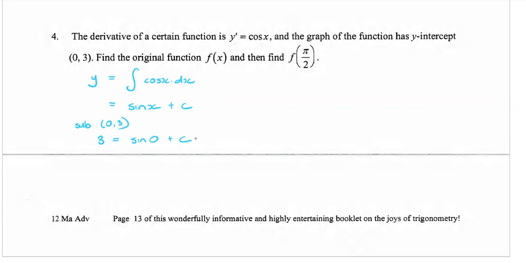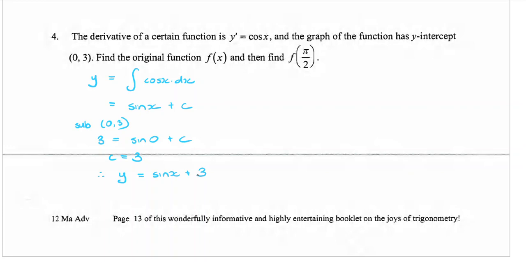What's sine of 0? 0, because the sine graph starts at the origin, right? So this is 0. So c is equal to 3. My equation, therefore, is y equals sine of x plus 3. Still not done, because after I find the original function, I then need to find f of pi over 2.